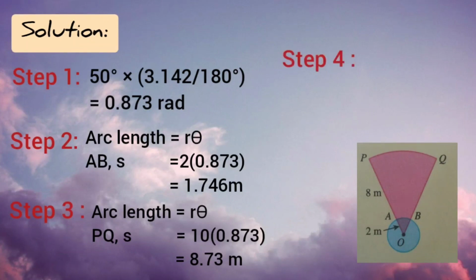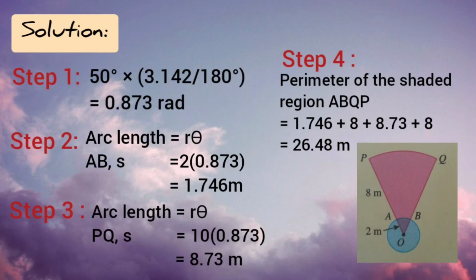Lastly, step 4, you have to sum up arc length AB, the length of BQ, arc length of PQ, and the length of AP. So you will get the equation 1.746 plus 8 plus 8.73 plus 8. If you sum up all the values, you will get 26.48 meters, which is the perimeter of the shaded region ABQP.